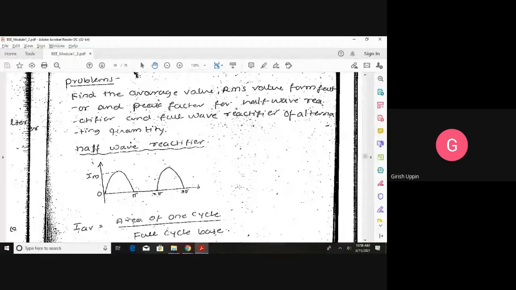Now, before we find the average value, first we have to see whether the given waveform is a symmetrical waveform or an unsymmetrical waveform. So the given half wave rectifier output, is it symmetrical or unsymmetrical? The waveform that you are seeing on the screen, is it symmetrical or unsymmetrical?